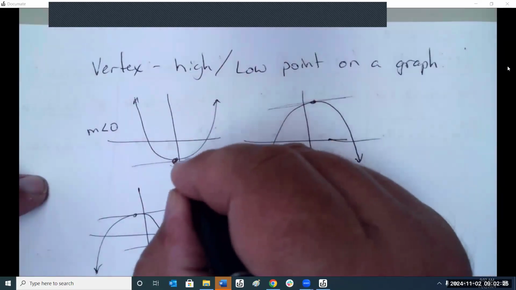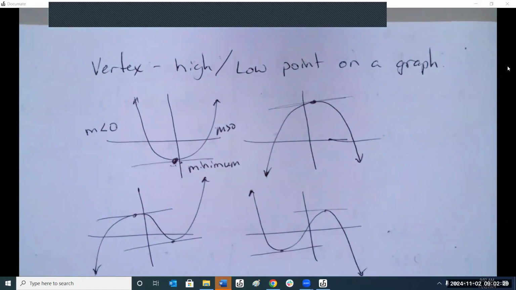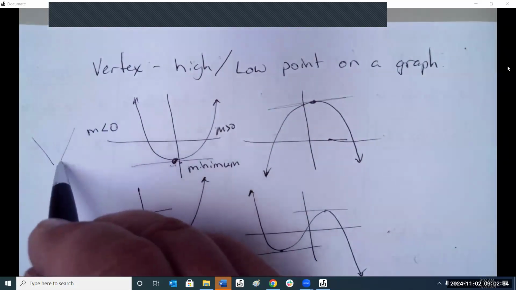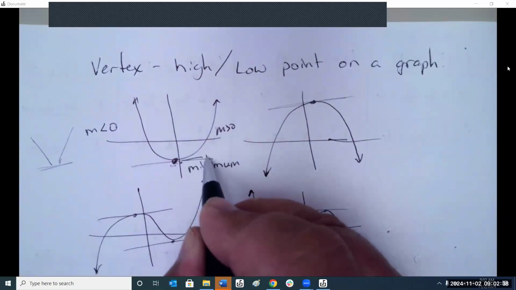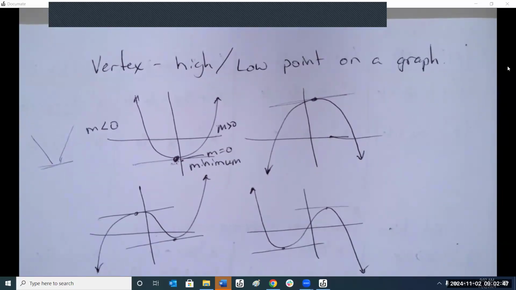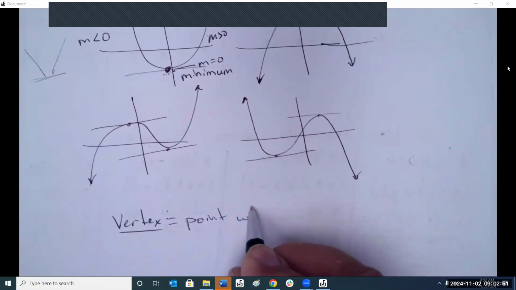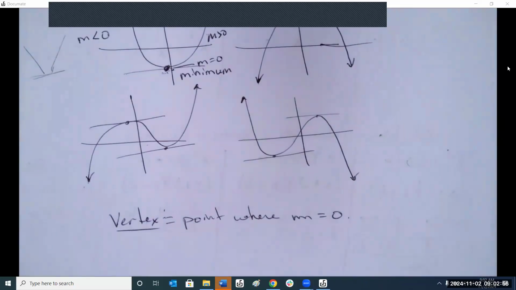The slope is increasing, so the slope is positive. So if the slope is negative on one side going down, positive going up, it's got to change somewhere. At this point here, the slope is equal to 0. The point where the slope equals 0 is the vertex.